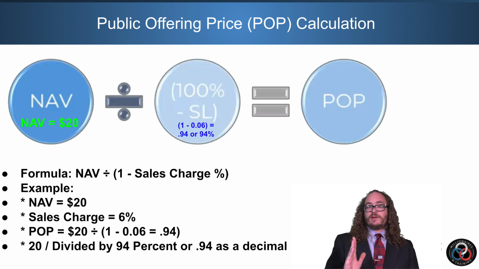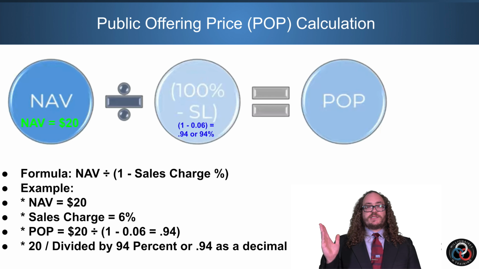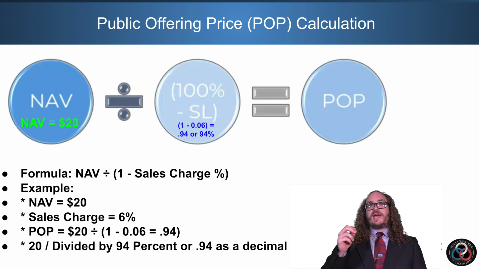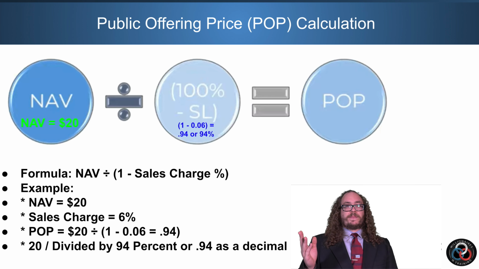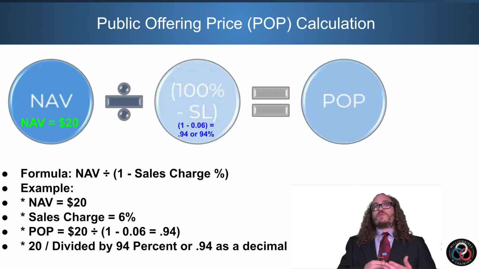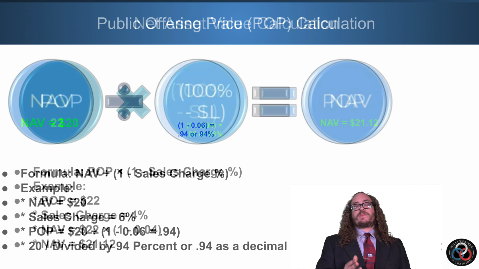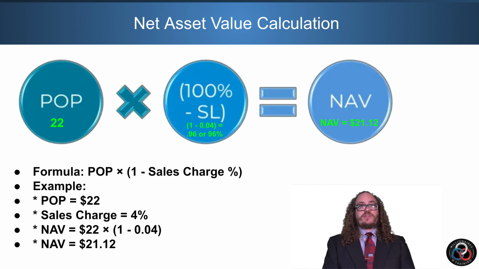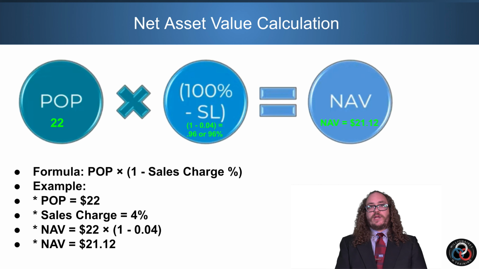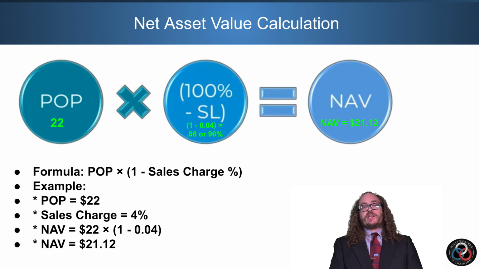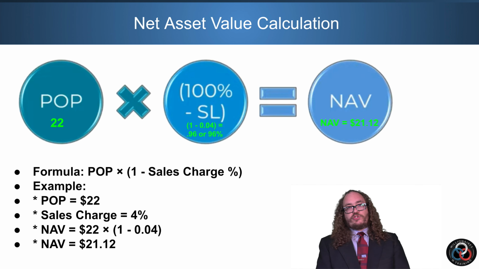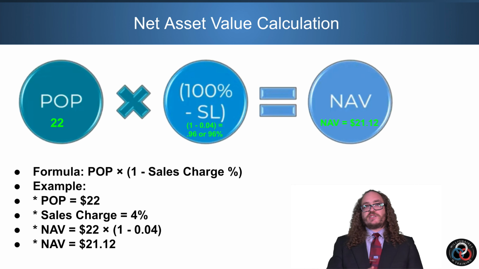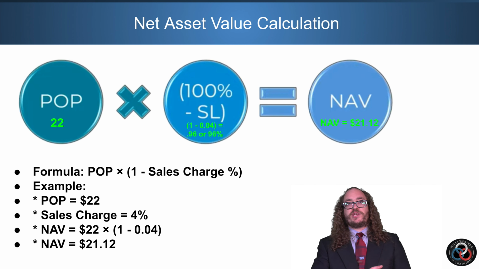All right, so when we're calculating the NAV, this is another formula that we'll want to know for the Series 6 exam. We'll take the public offering price and multiply it by, again, the complement of the sales charge. So what if we have a public offering price of $22 and a sales charge of 4%? So what is the NAV? Well, $22, and then we have 100% minus 4%, which is really 1 minus 0.04, which is really 96%.